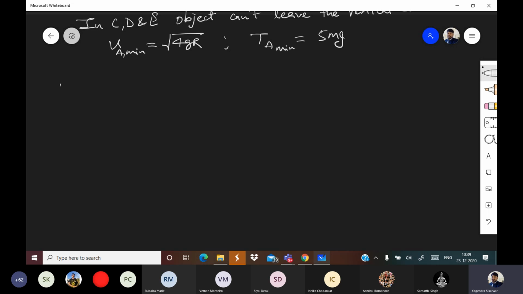So let me give you a question. This is a mass M. This is R and it is a string.